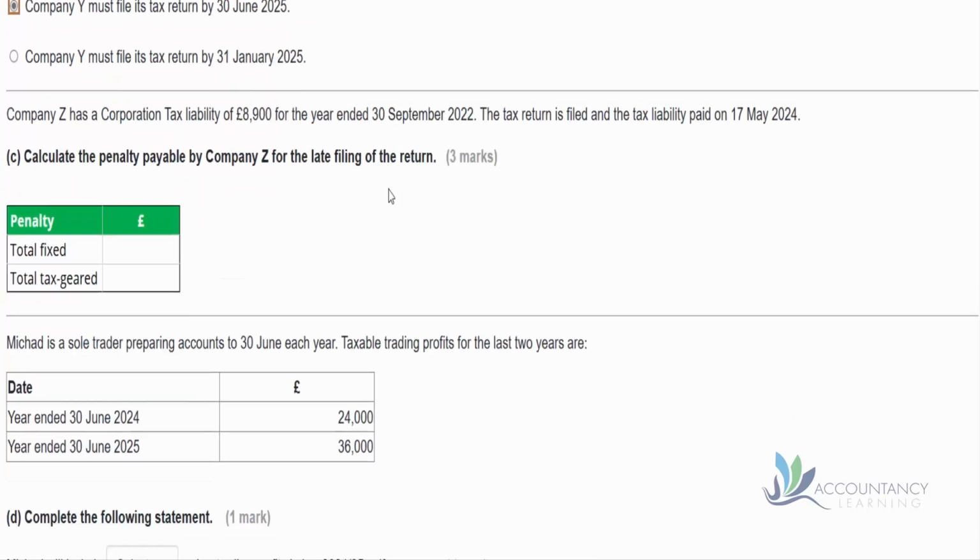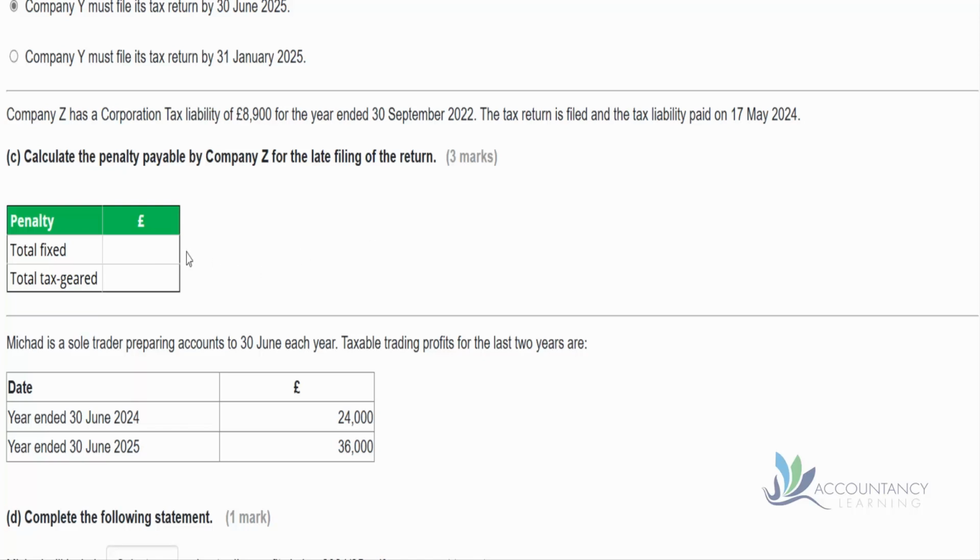And if we move on to Company Z, has a corporation tax liability of 8,900 for the year ended 30 September 2022. The tax return is filed and the tax liability is paid on the 17th of May 2024. So we need to calculate the penalty payable by Company Z for the late filing of the return.